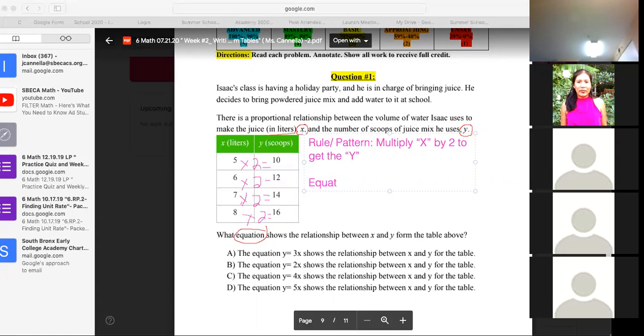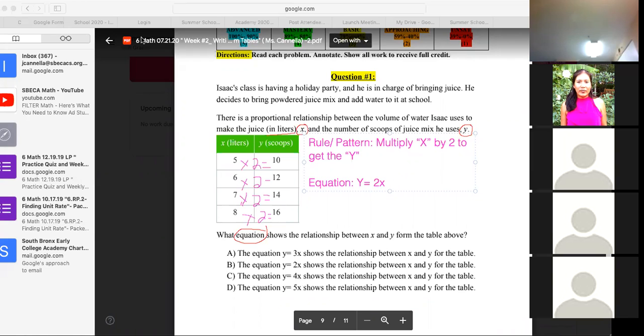Let's look at what a rule is now. We're looking backwards. Is it y equals 3x? Did we multiply by 3 here? Yeah. We did? 5 times 3 is 10? No. Did we multiply 2 times x? So that means 5 times 2 to give me y. Is that true? Yeah. Did we multiply 4 times x?